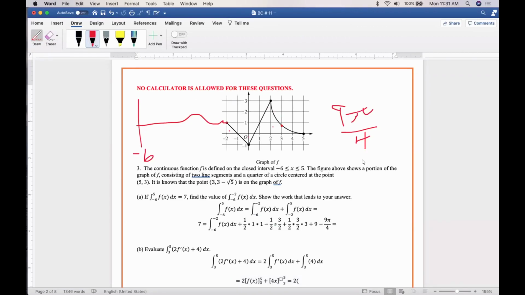It's 3 minus root 5. It's given right there. You should not be estimating it. I'm just testing you. So it is 3 minus root 5, right?